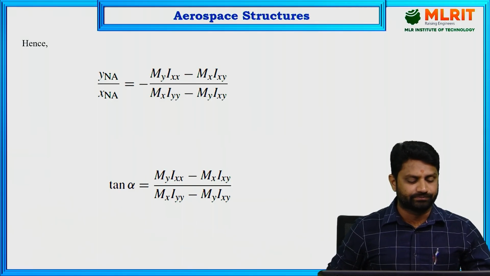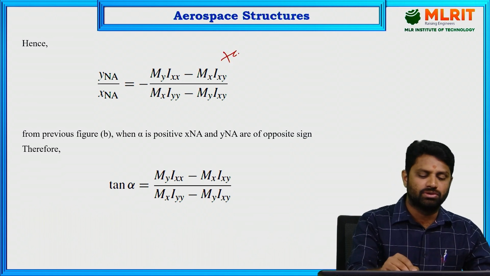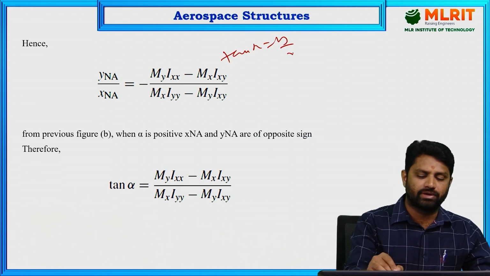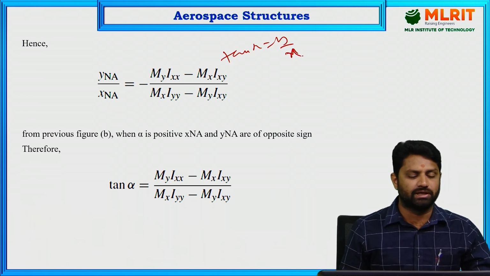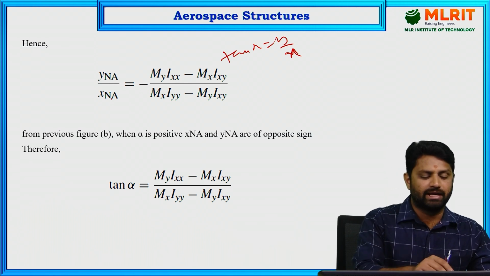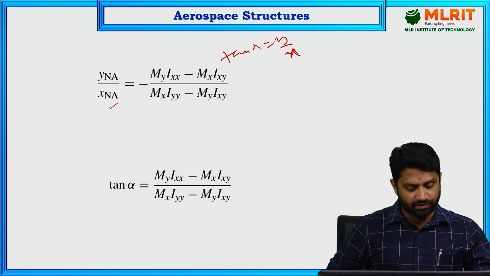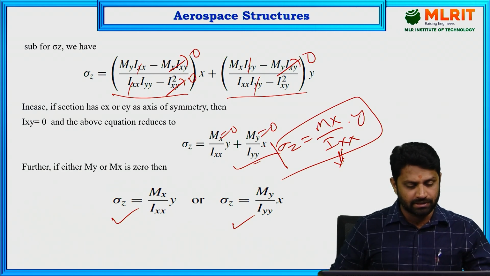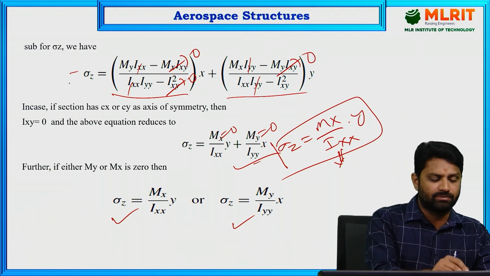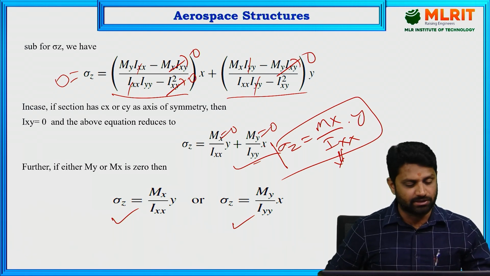After that, we will define the neutral axis. The neutral axis is given by tan alpha equals y by x, with which you can find the slope of the equation. So y na by x na equals... To find the position of the neutral axis, sigma z must be made equal to 0, since the total direct stress should be 0.